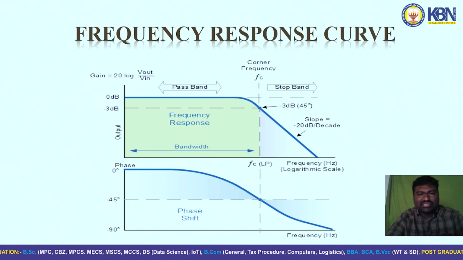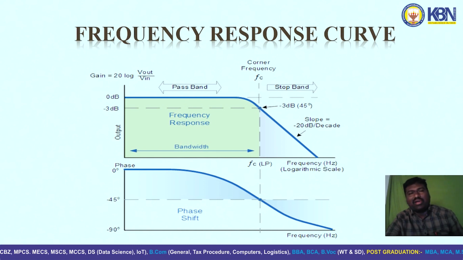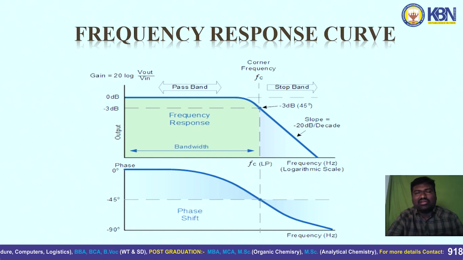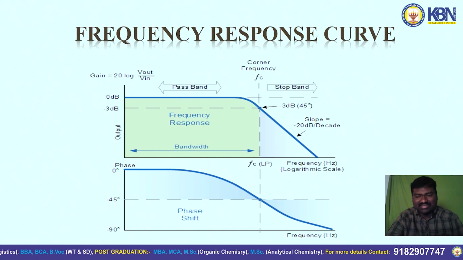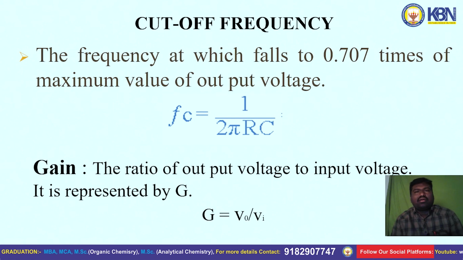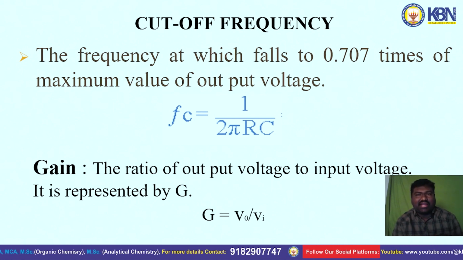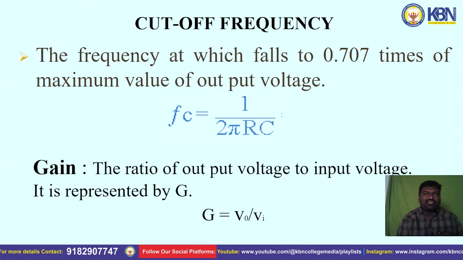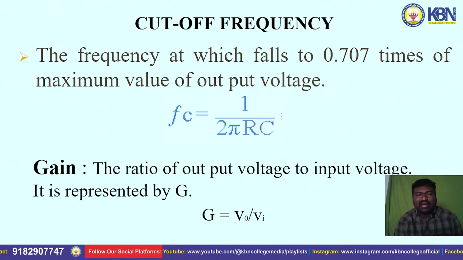Here the output voltage to input voltage ratio is calculated using the gain formula. Gain equals the ratio of output voltage to input voltage. The cutoff frequency of the RC low pass filter is 1 by 2 pi RC, the frequency at which the output voltage falls to 0.707 times its maximum value. Fc equals 1 by 2 pi RC, where RC is called the time constant.